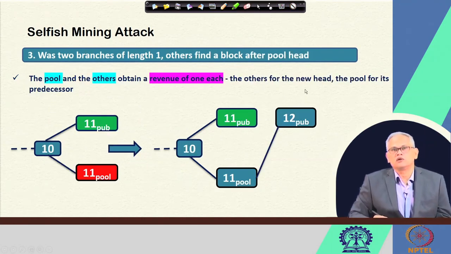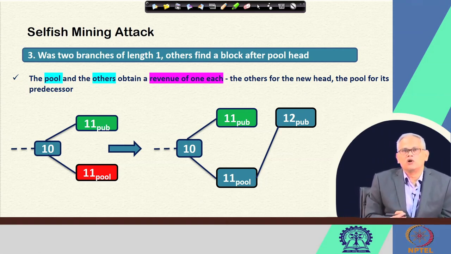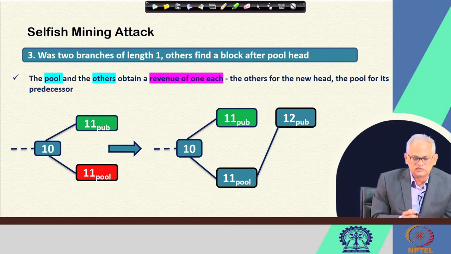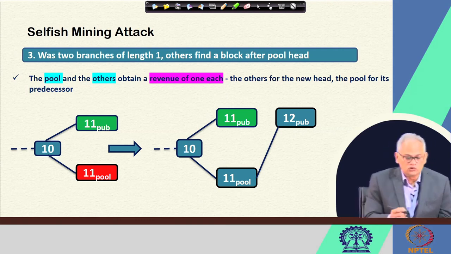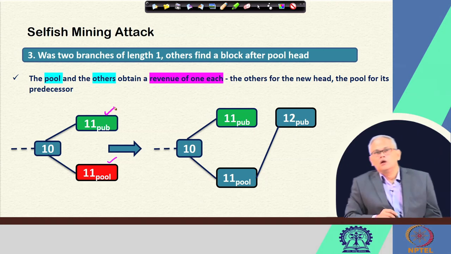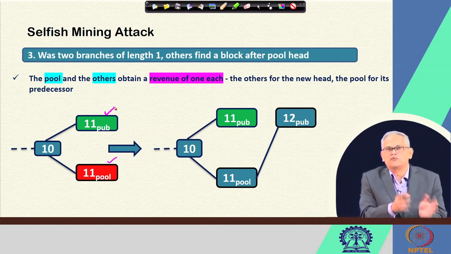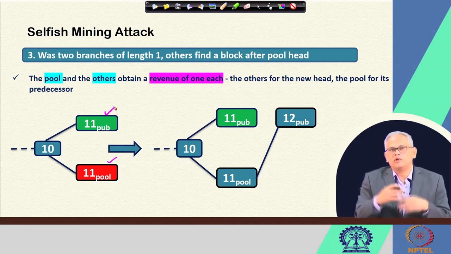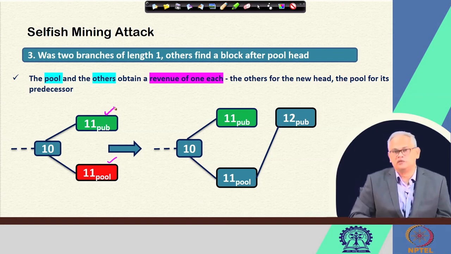Now, look at this one: there were 2 branches of length 1 and others find a block after the pool head. So, you see that this 11 pub and 11 pool were there. Also note that this 11 pool that we show here is also drawn with a bold rectangle, meaning that both were made public. That means that after 10, the general public had added 11 pub, and the attacker had also mined 11 pool and made this public.